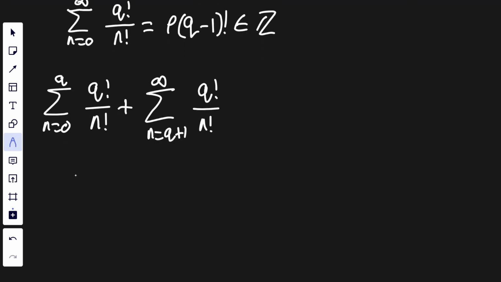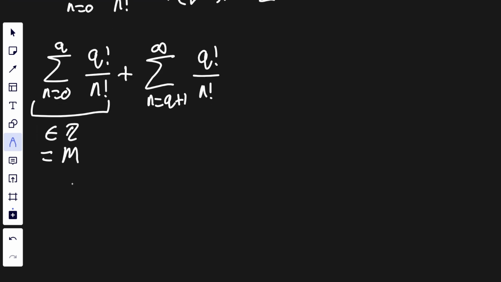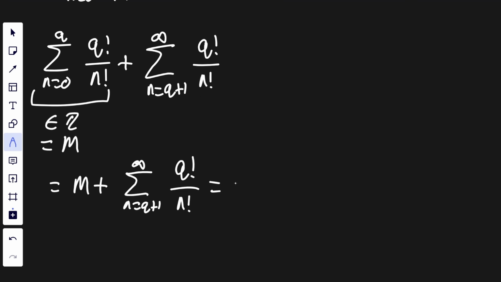So we know that this here is an integer, and I'm going to say that this is m. So we get m plus the sum from n equals q plus 1 to infinity of q factorial over n factorial. Now next I'm going to write out some terms. Plugging in q plus 1, we're going to have 1 over q plus 1 on the bottom: q factorial over q plus 1 factorial.